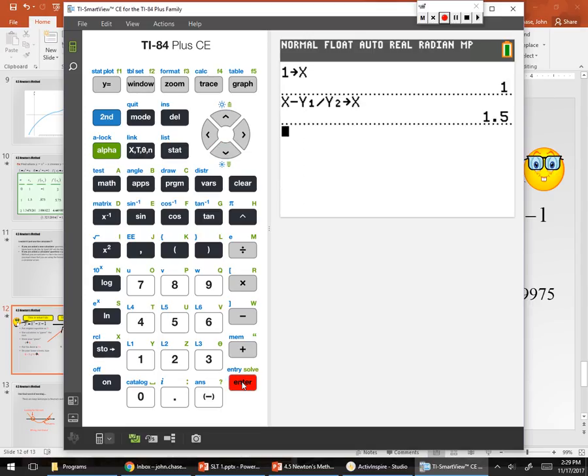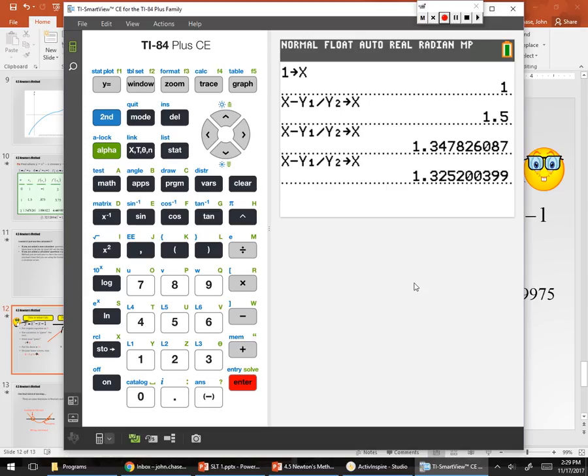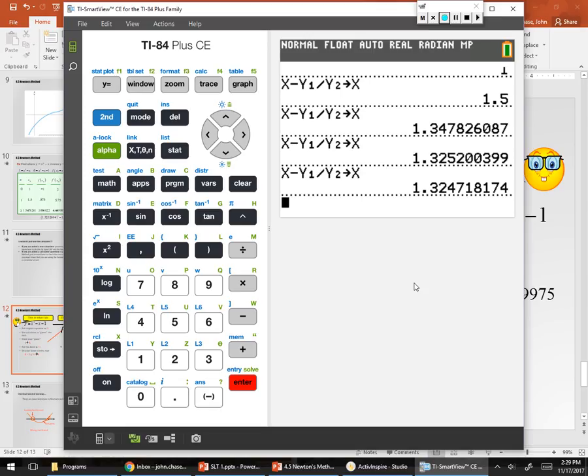Let's just make sure we're keeping track, guys. x0 is this, x1 is 1.5, x2, x3, x4, x5. You can see how efficient this is. And notice already when we're at, is this x6 now, we're already to 9 decimal places, we have the 0, right?